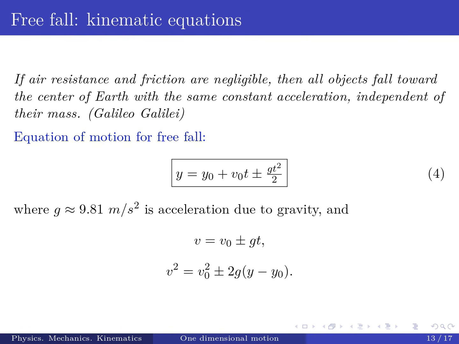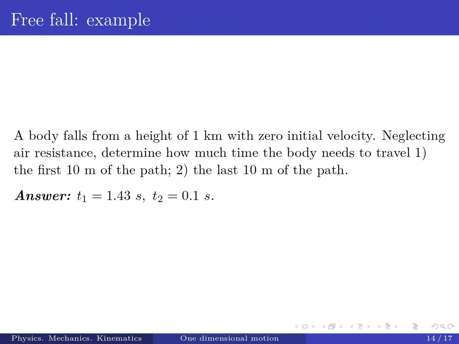The only modifications needed are to recognize that the motion is in the vertical direction rather than the horizontal, and that the acceleration is downward, with a magnitude of 9.8 meters per second squared. Here is an example exercise related to free fall motion. The solution process for this task is left for you to complete on your own.